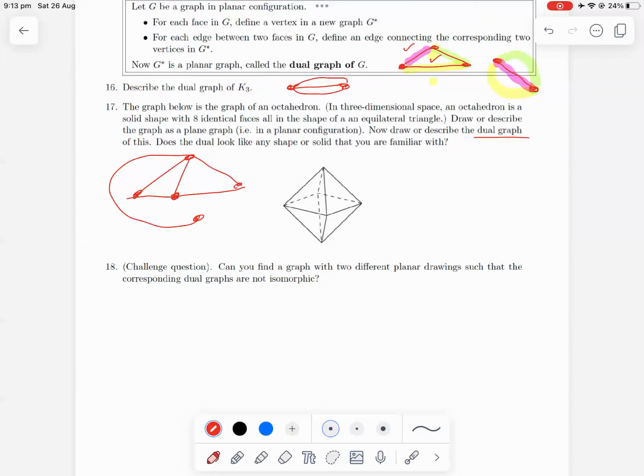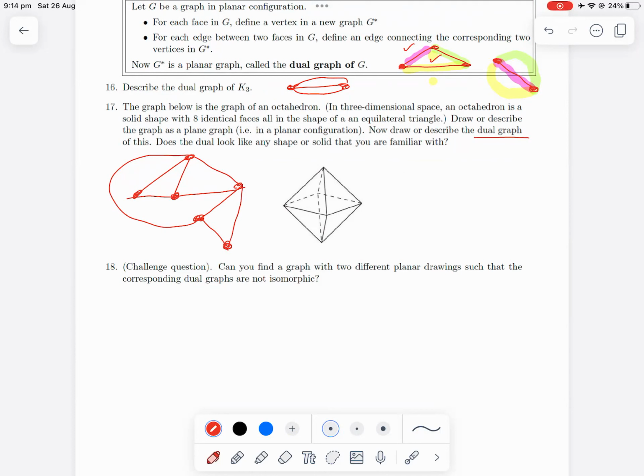So there should be something here as well. Here. There's some here.